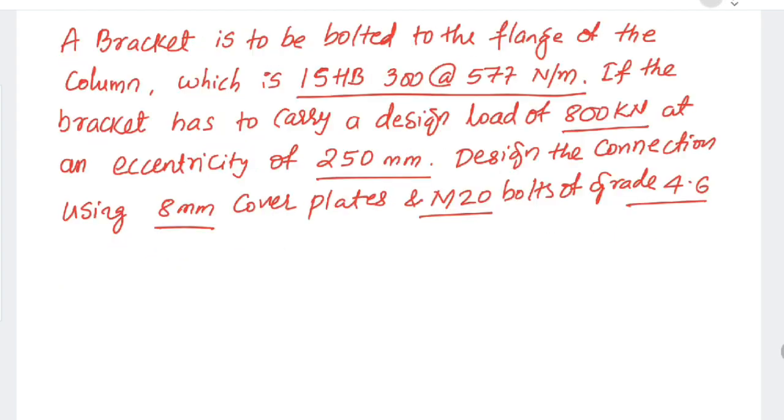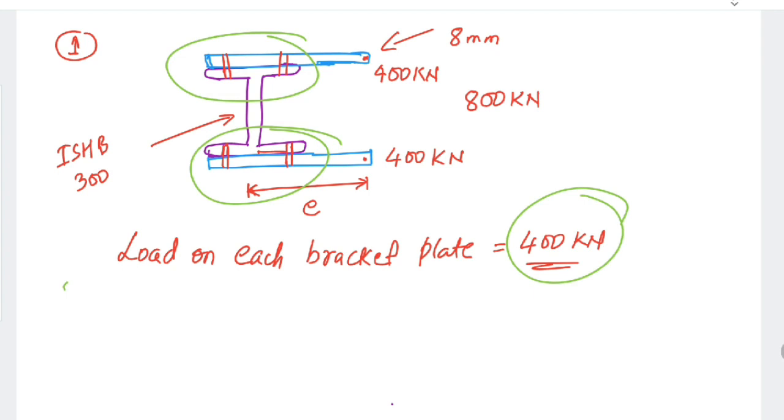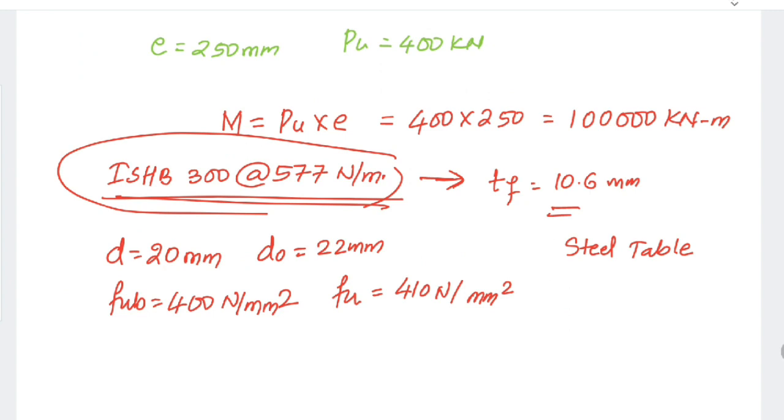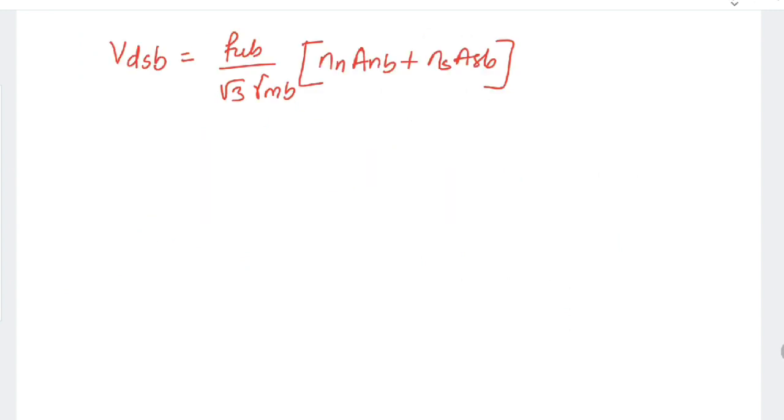When it comes to this type of connection, only one shear plane will occur here. One shear plane means only two plates are there: one is the flange of the ISHB and another is the bracket plate. So the shear plane of the bolt is only one.